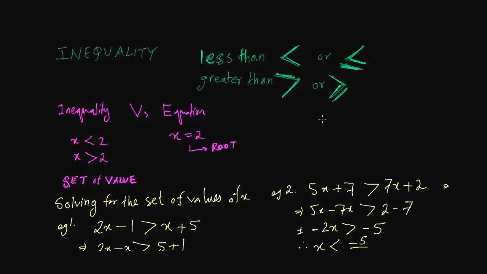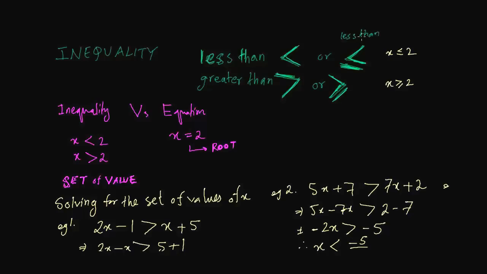So when we talk about greater than or equal to, or less than or equal to, for example, x is less than or equal to 2, it means x is equal to 2 and it is also less than 2. When we write x is greater than or equal to 2, it means x is equal to 2 and also greater than 2. So whenever we are talking about the less than or equal to sign, that means that value itself is included. Now let me write it down here.